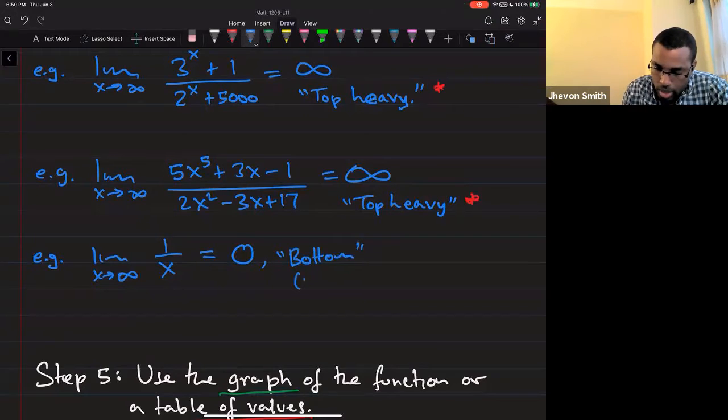because the numerator is a 0 degree polynomial, while the denominator is a 1st degree.